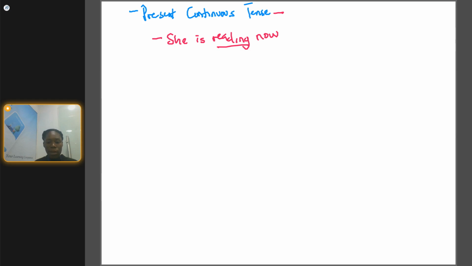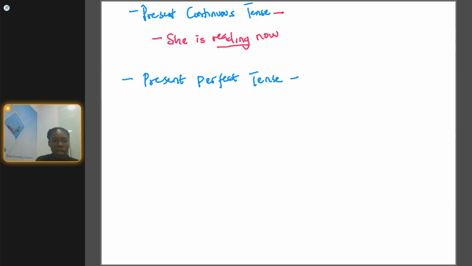All right, we quickly look at the next tense, which is the present perfect tense. For present continuous, I said present continuous refers to something happening right now.